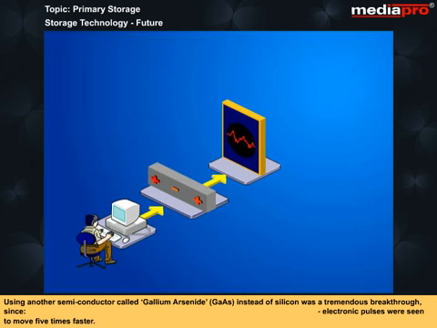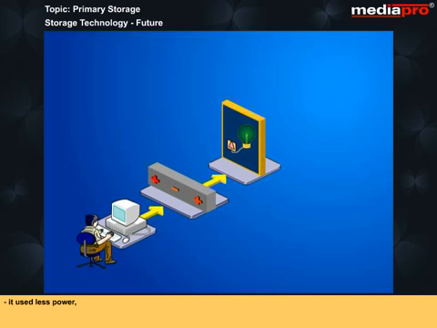Using another semiconductor called gallium arsenide, or GaAs, instead of silicon was a tremendous breakthrough since electronic pulses were seen to move 5 times faster. It used less power, it could operate at higher temperatures than silicon, and it could also emit light.